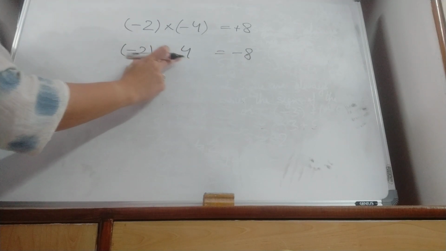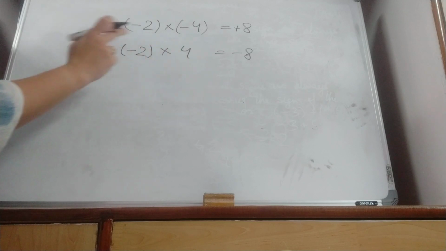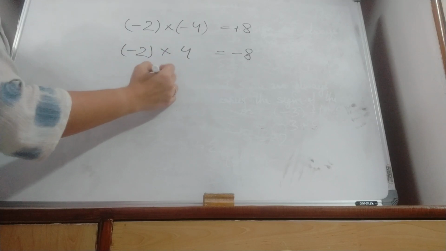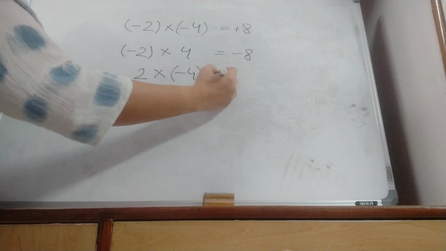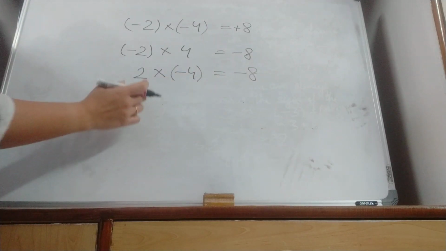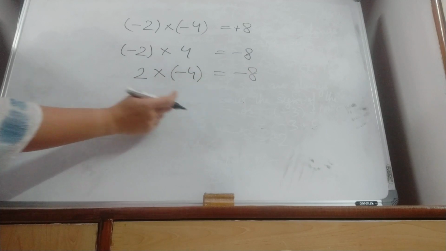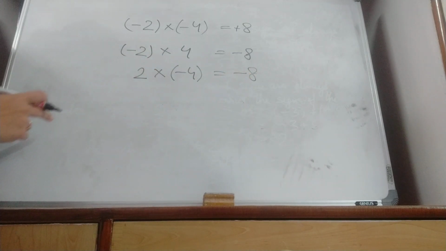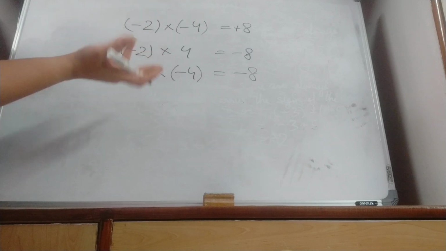If there were 2, it would have become positive, minus minus plus. Now if I have 2 into -4, then also the answer is -8, because 2 into 4 is still 8 and I have one negative sign. Whether I have it here, whether I have it here, the answer will be negative. Okay, so this is all that is there.